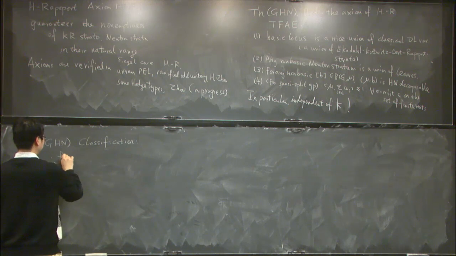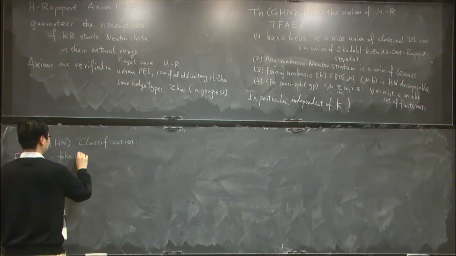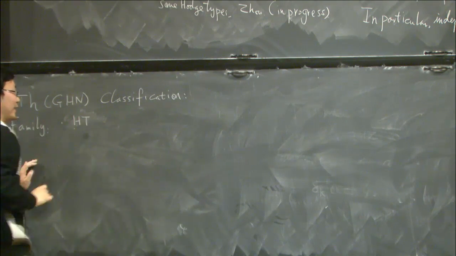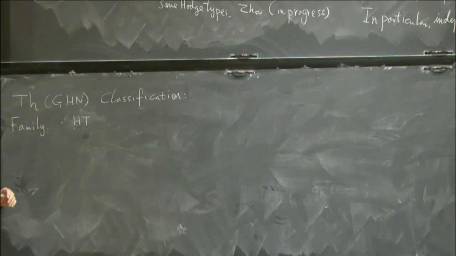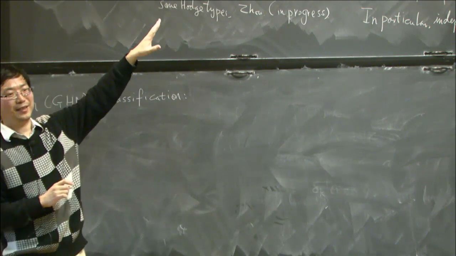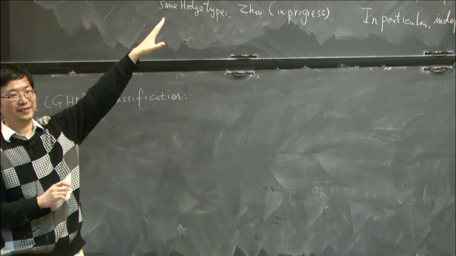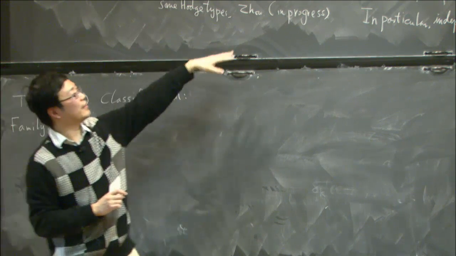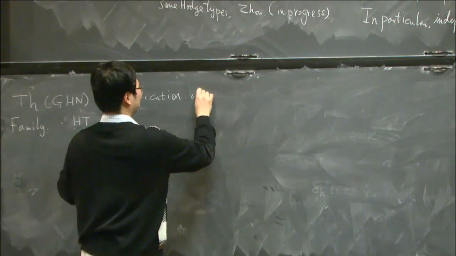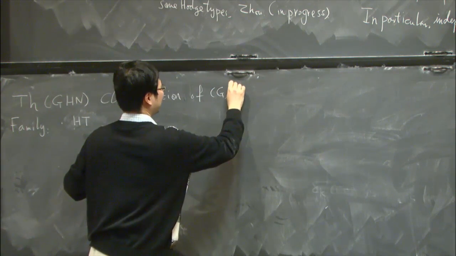So it could be the fake unitary, where I have put just the case of Harris-Taylor. Sorry. Yes. Classification of what? Of when this happens. When which happens? When this four condition happens.